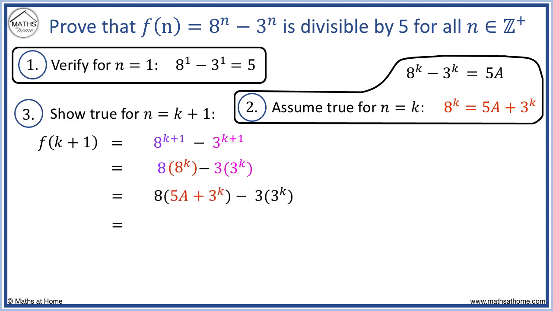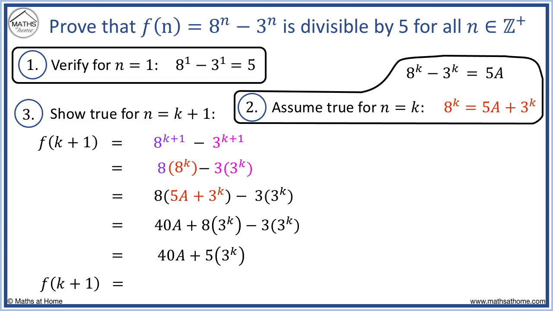Expanding, we get 40a plus 8 times 3 to the power of k minus 3 times 3 to the power of k. This simplifies as 40a plus 5 times 3 to the power of k. A factor of 5 can be taken out like so. Therefore, when n equals k plus 1, it is also divisible by 5. We can conclude the proof.